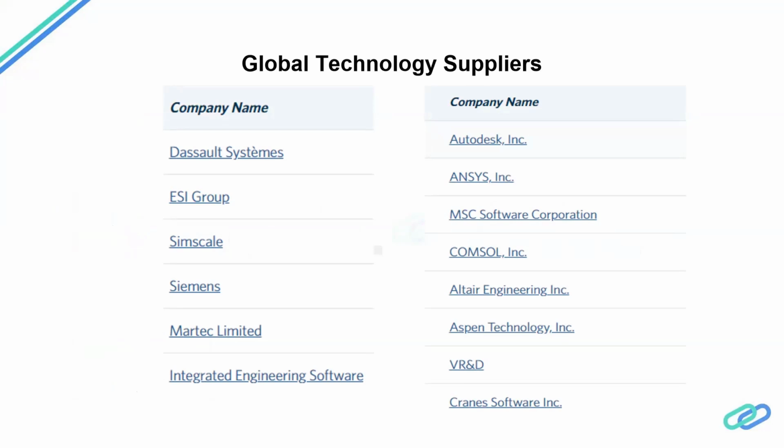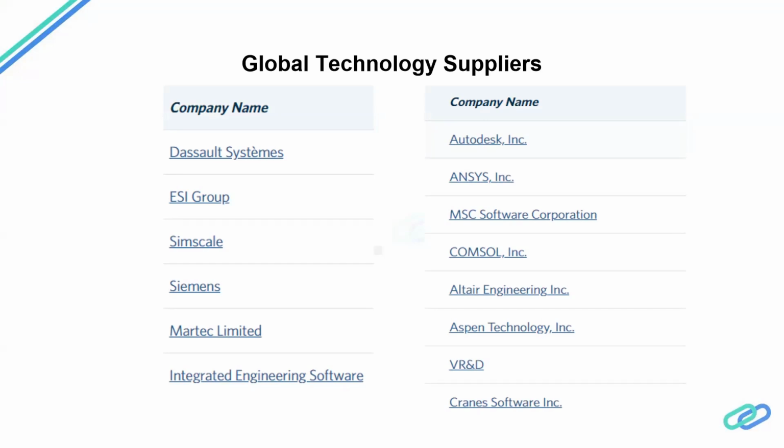Various other engineering suppliers are also present. These are a few of the ones which are most widely used and mostly talked about in the industry. So you have Dassault Systemes, ESI, SimScale, Siemens. I'm sure most of you would have heard of or at least worked on one or two of these software.